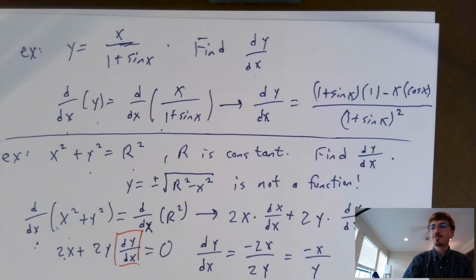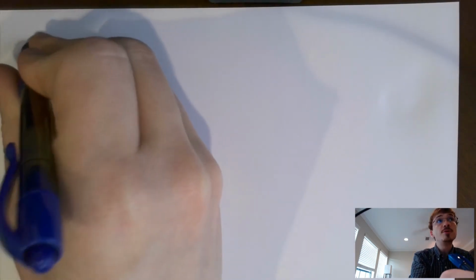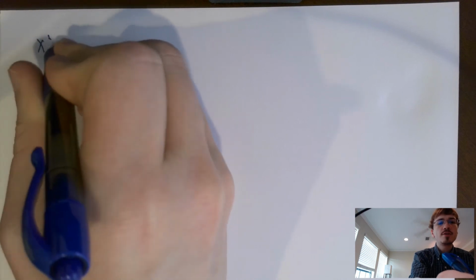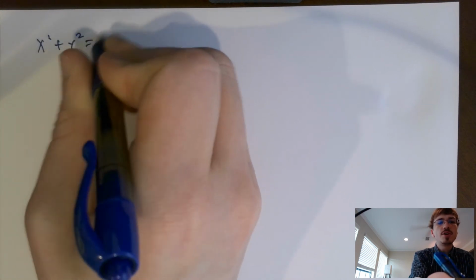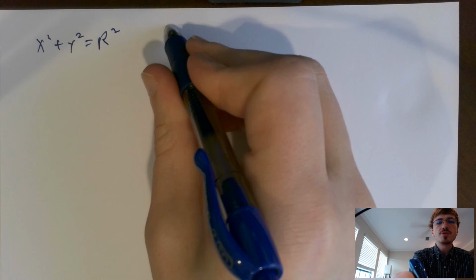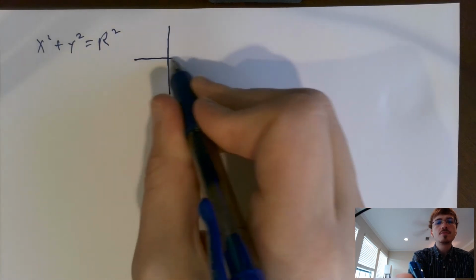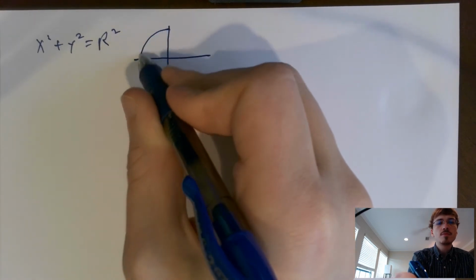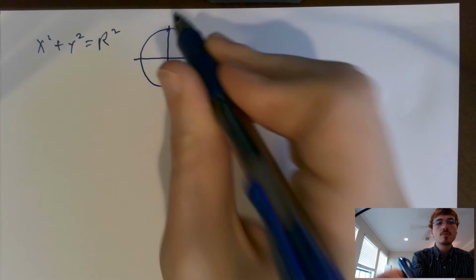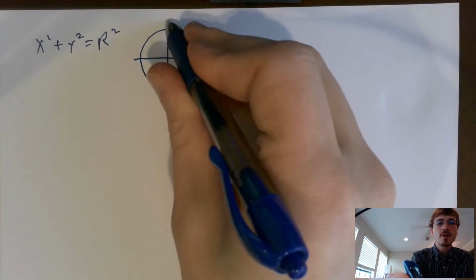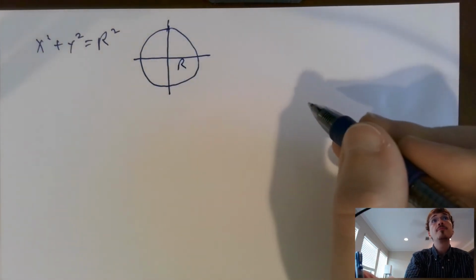But I know what you're thinking. Let's talk about this for a few more seconds. In the equation, let me write the equation again, x squared plus y squared equals r squared. This is a circle. Yeah? And the radius is r.